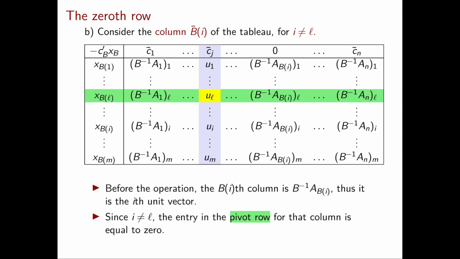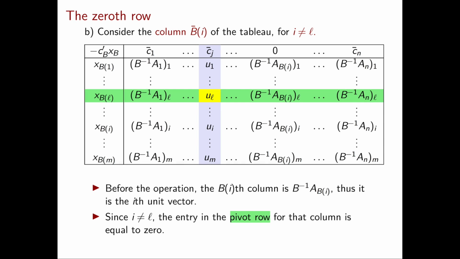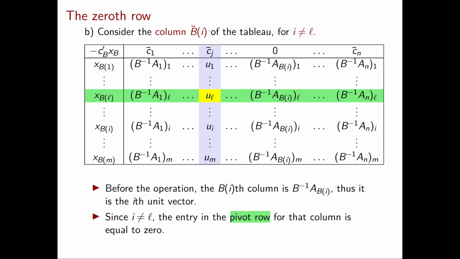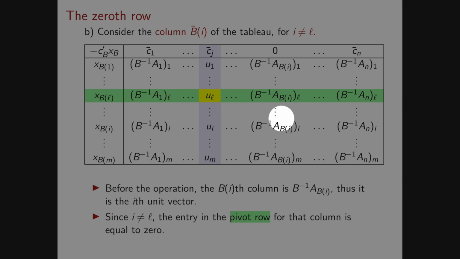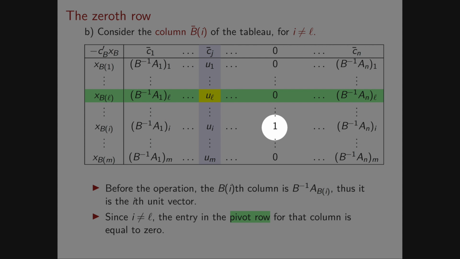Actually, we know much more about the columns corresponding to basic variables. In fact, at the beginning of the iteration, our column bi is B inverse A B I, which we know is the ith unit vector. So let's write it down here in our column. The only question is where is the 1?